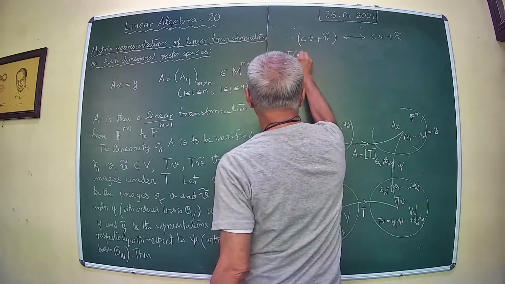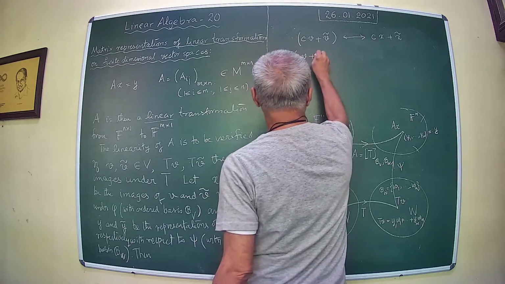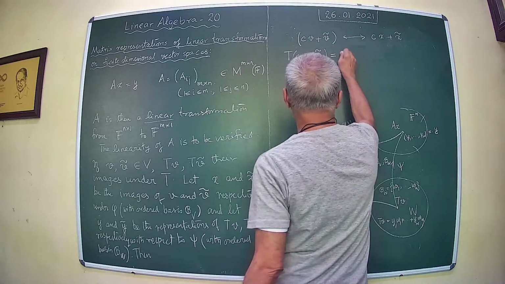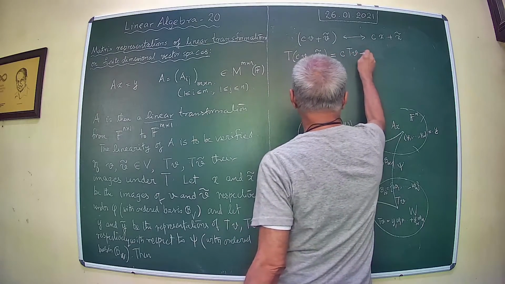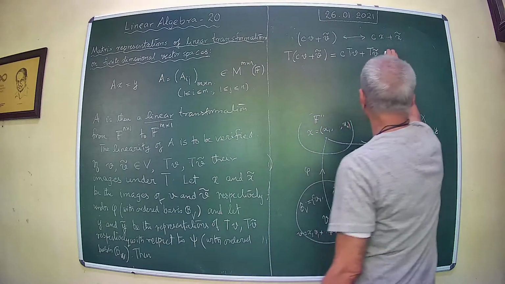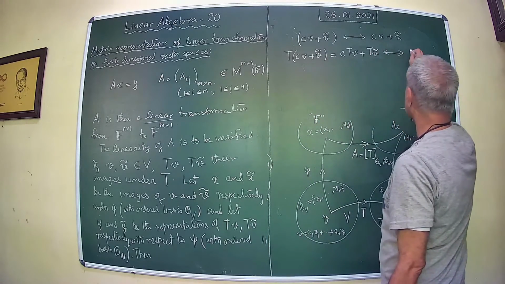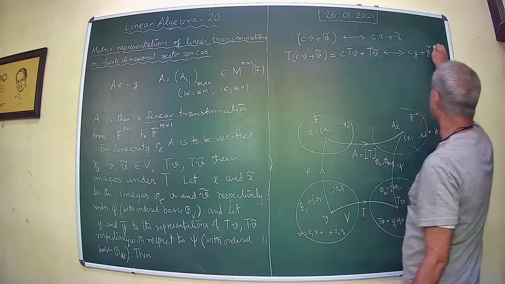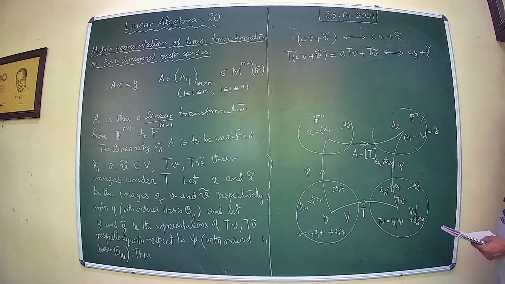T of c v plus v tilde, being linear, is equal to c T v plus T v tilde, which is identified with c y plus y tilde. Okay.